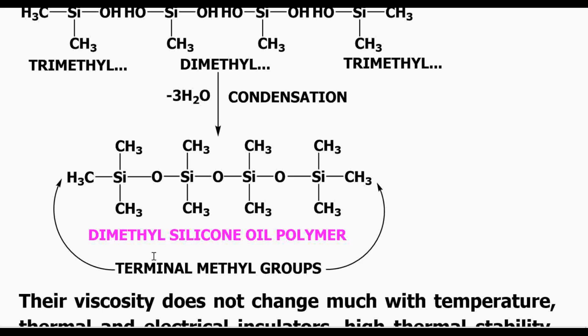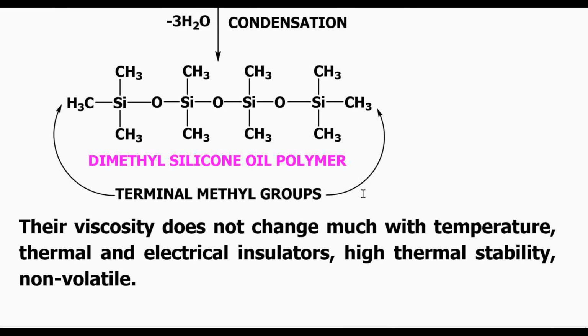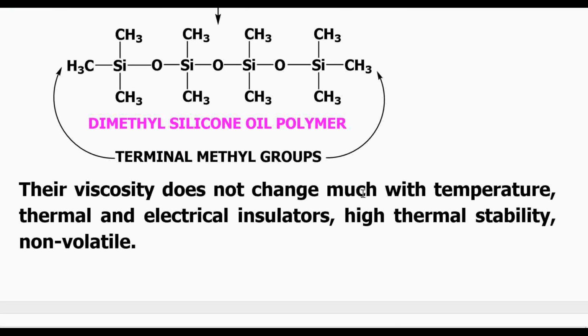Because of this, the terminal groups will not have active sites. This terminal group has methyl, here also the terminal group is methyl, and therefore the extent of polymerization is controlled, and silicone oil of desired property is obtained.